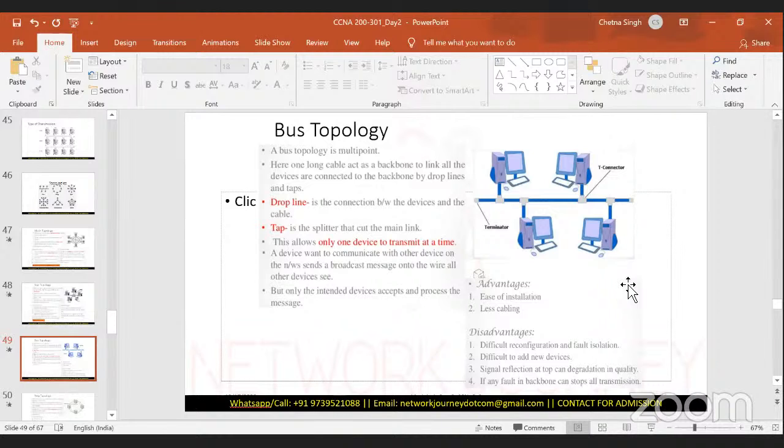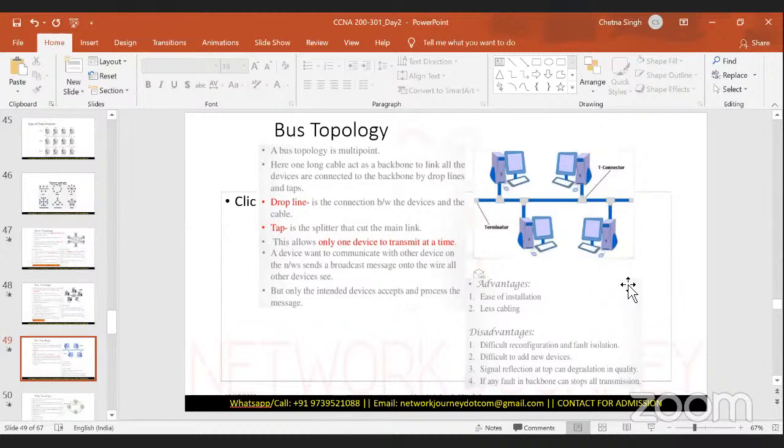The drop line is used to connect the device and the cable, and the tap is a splitter which cuts the main link. This allows only one device to transmit at a time. So here comes your data link layer, which I had discussed in the last class as well as the day before, that somebody has to control the medium. Somebody has to understand who will access the medium.